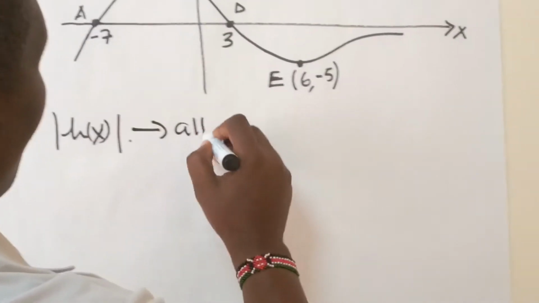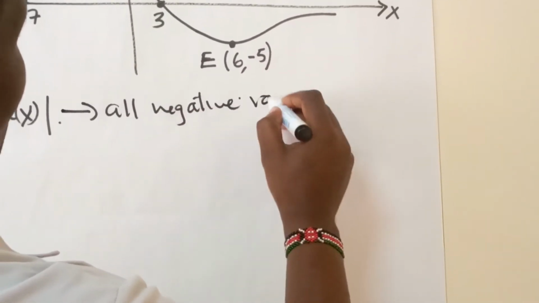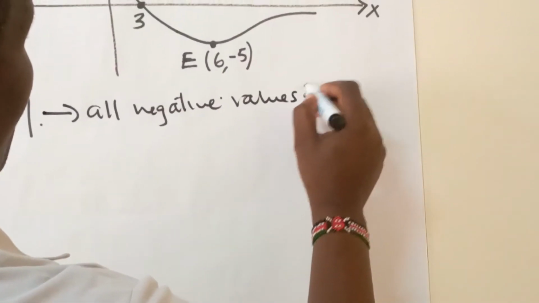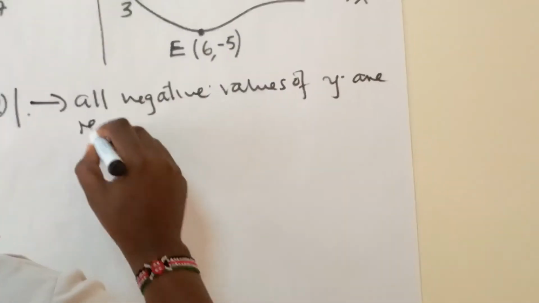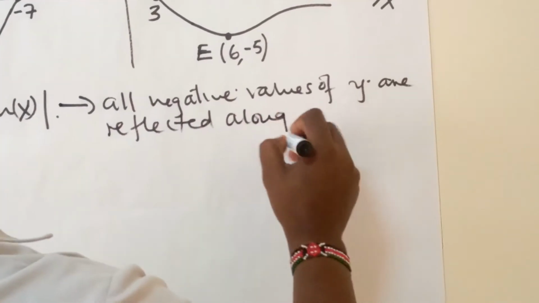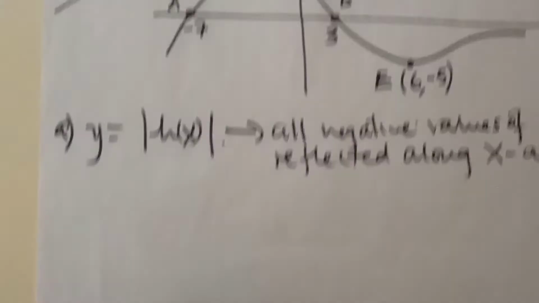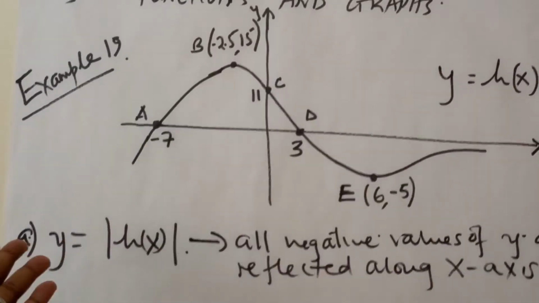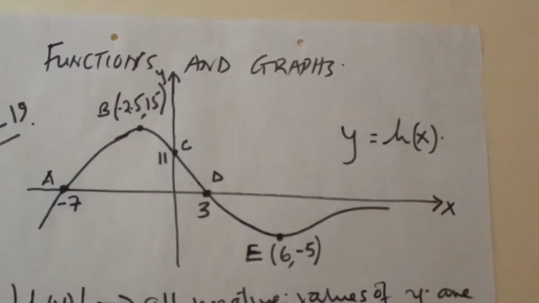This means all negative values of y are reflected along the x-axis, and that is exactly what we need to do, because the whole thing is moduled. Y is not permitted to be negative, just in short.